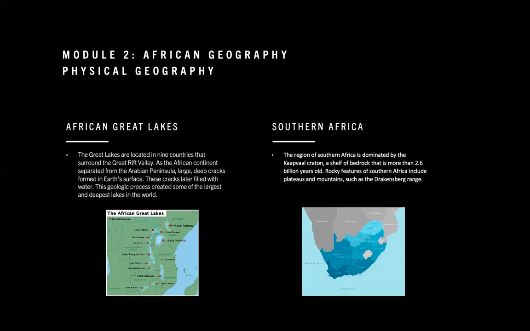And finally, you have Southern Africa. The region of Southern Africa is dominated by the Kaapvaal Craton, a shelf of bedrock that is more than 2.6 billion years old. Rocky features of Southern Africa include plateaus and mountains such as the Drakensberg Range. So what makes Southern Africa distinct from other regions is, again, it's mostly rocky. And the climate here is very different from the rest of the continent.